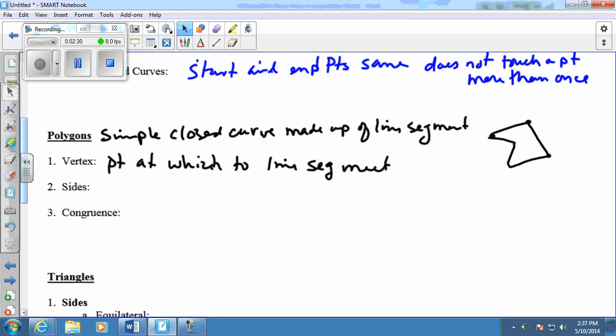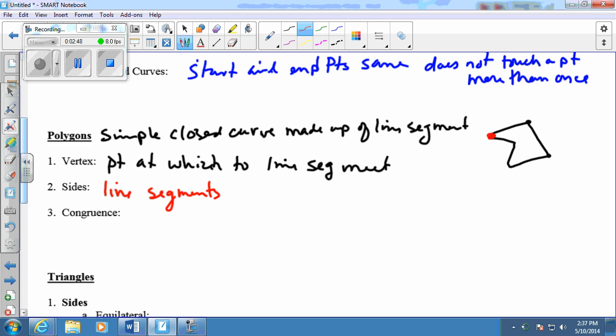So on this diagram right here, that would be considered a vertex because you have two line segments meeting there. The sides are the line segments. So on this diagram, these two line segments are meeting at that vertex.